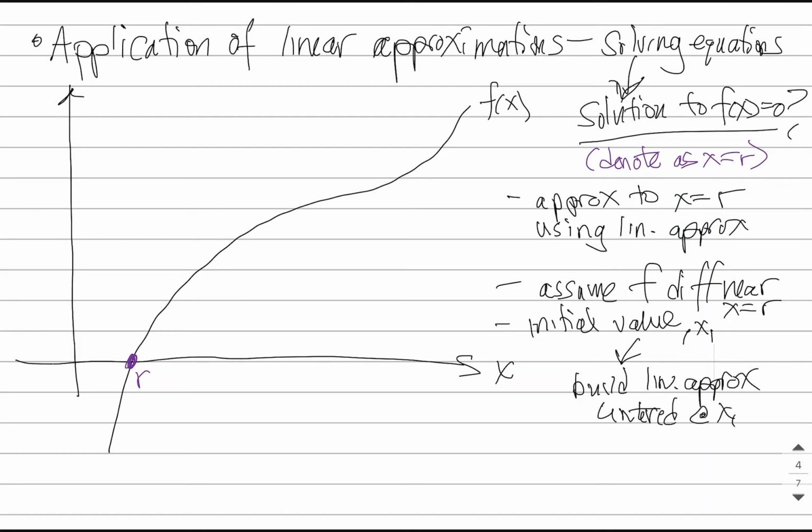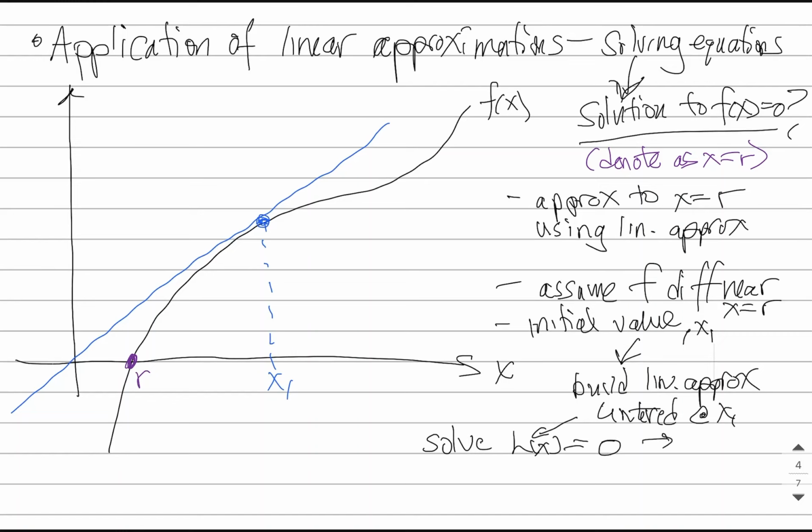at x1. So for example, if I were to take this point right here as x1, and I were to draw a tangent line, it would do something like this. Then I'm going to solve the equation of this tangent line equal to 0.